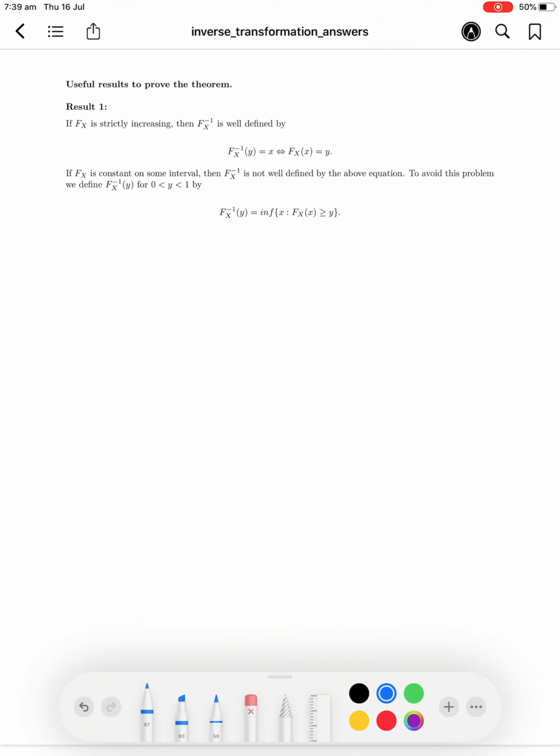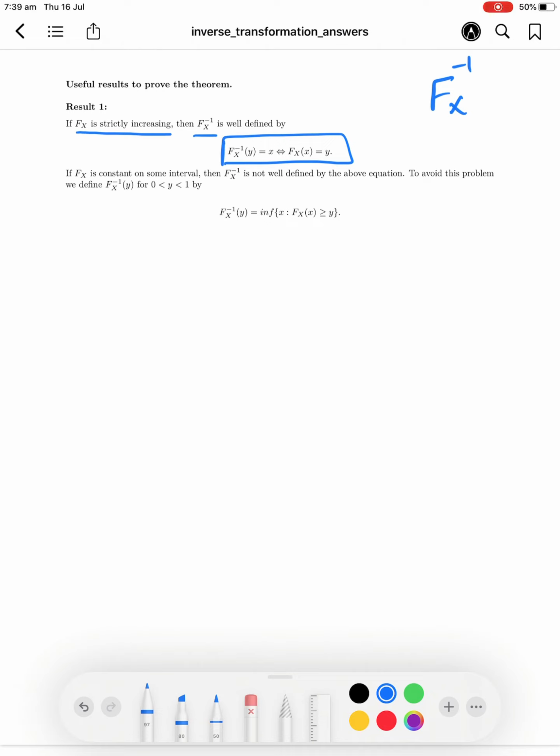Before proving the theorem, let's look at some important results of F_X inverse, the inverse of the CDF. The first result is if F_X is strictly increasing, then the inverse is well defined by this.